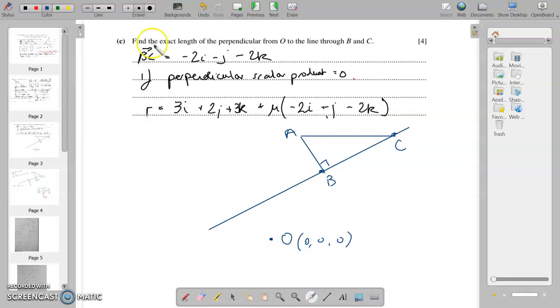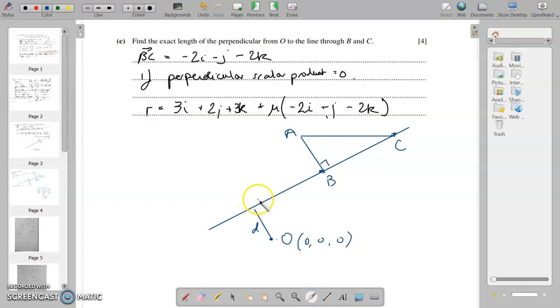So we're talking about the exact length of the perpendicular from O to the line BC. So from O to the line BC, but it wants to be the perpendicular, so it must be here. Okay, so we need this exact length. I'll call that little d.